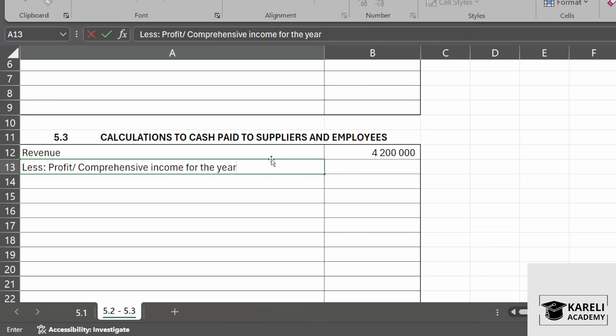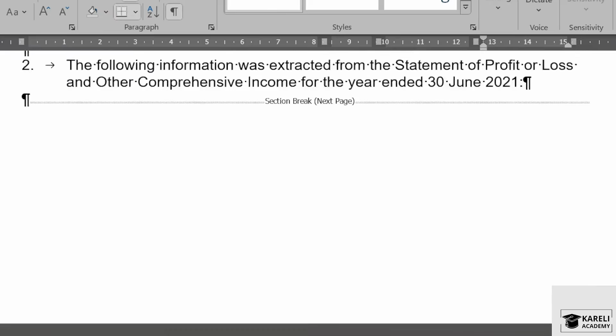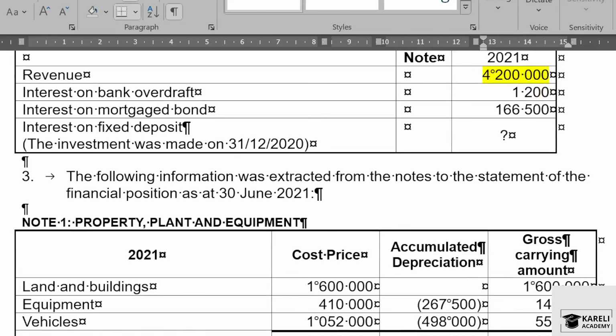So on some question papers they use profit, on some question papers they use comprehensive income for the year. Now how much is that and where do we get that? Let us go to the question paper. For us to get the comprehensive income for the year, we must look at our statement of profit and loss.